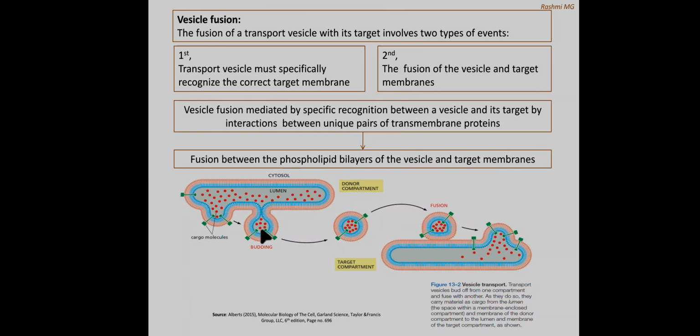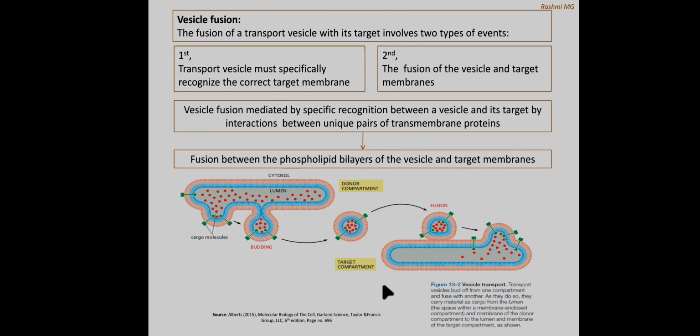It is a type of membrane where a transport vesicle is budding off. This can be the trans Golgi network. The transport vesicle recognizes the target membrane to which it is destined, and there is fusion. The contents inside the transport vesicle get into the target compartment.